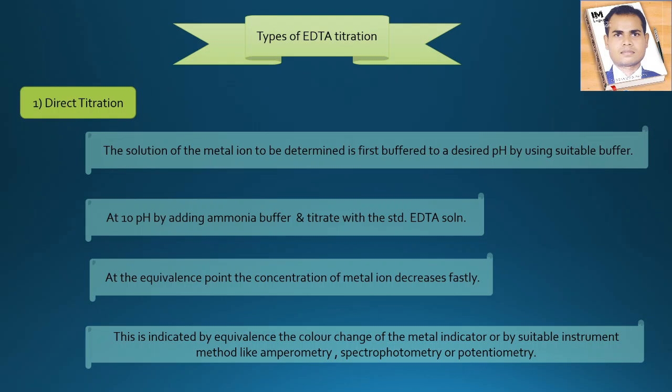So in this titration, the equivalence point is indicated by the color change of the metal indicator, and we can also see it with a suitable instrument: amperometry, potentiometry, and spectrophotometry.